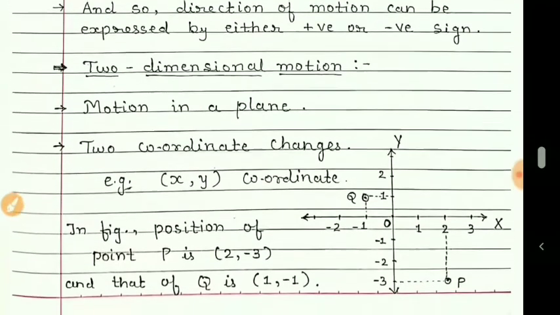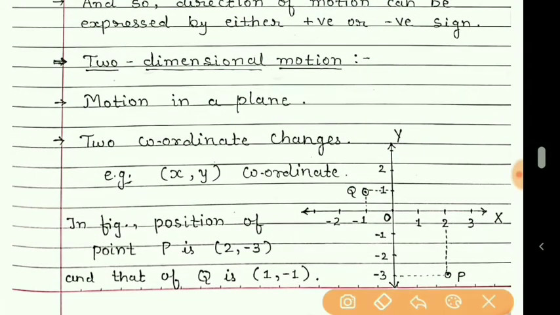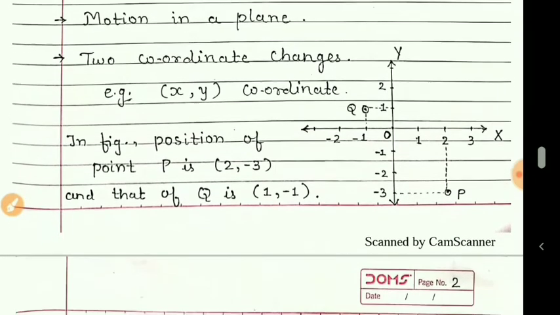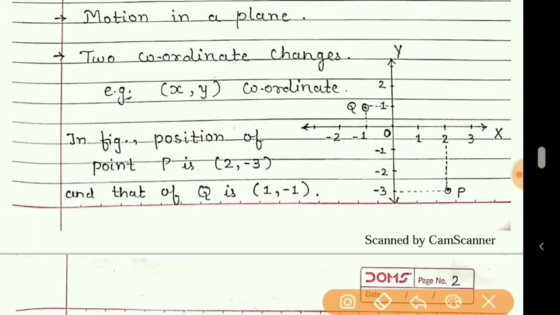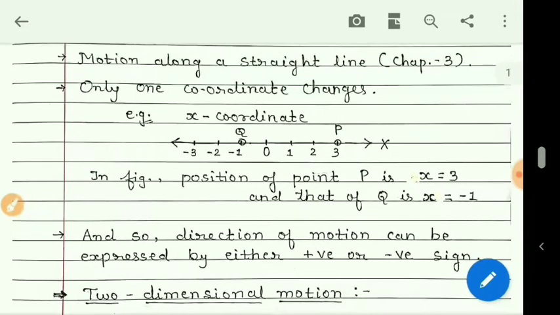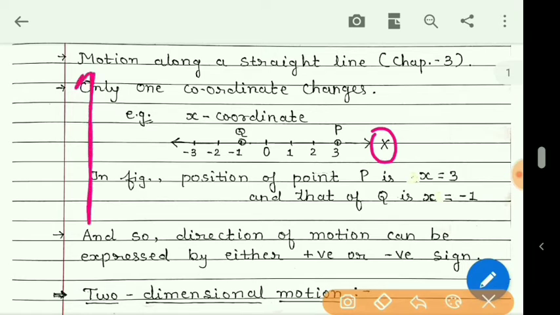Now in this chapter we are going to study motion in two dimensions. Two dimensions means we have to consider two coordinates, that is the x coordinate as well as the y coordinate. In the earlier case, only one coordinate was considered, that is either x, or if the motion is along the vertical direction, then only the y coordinate may change.